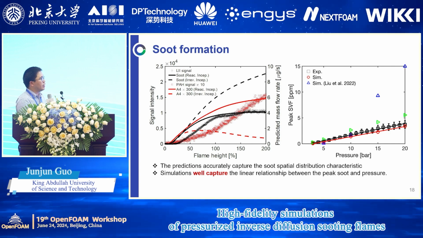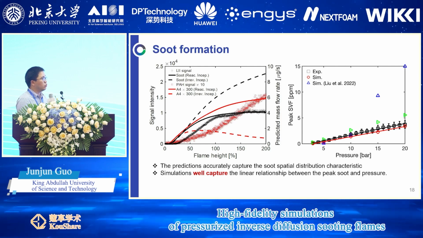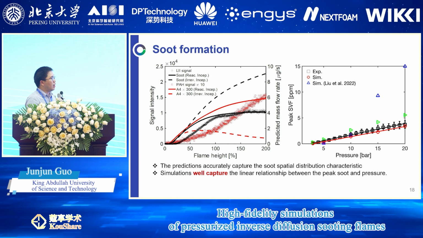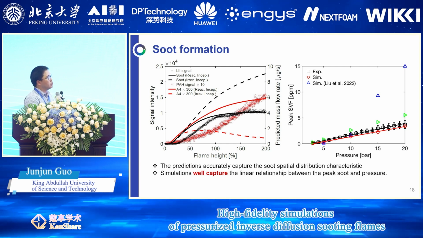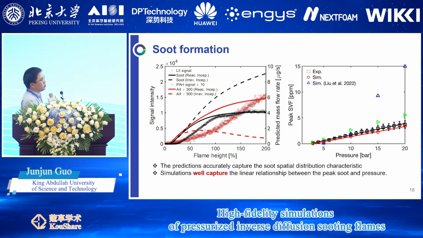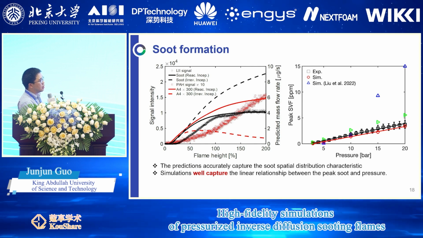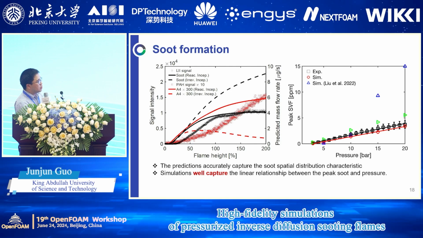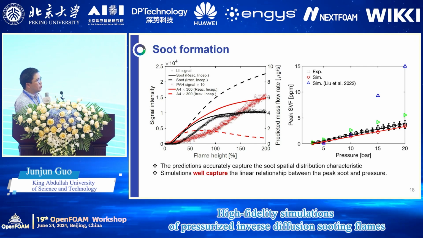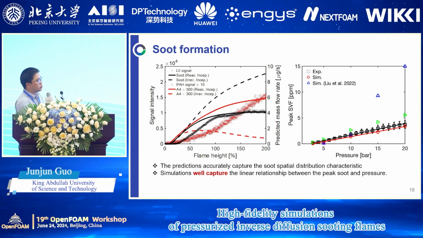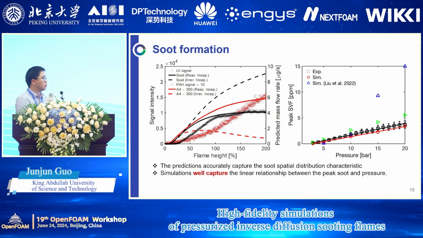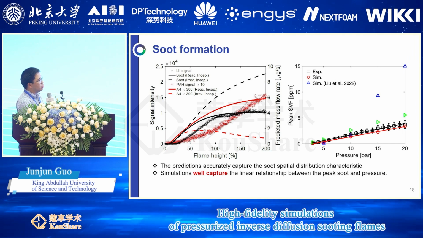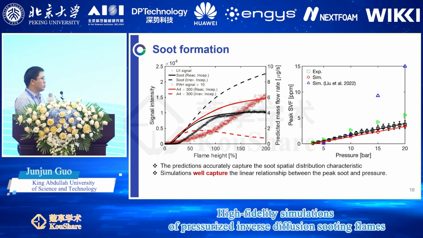So once they have the PAH and the temperature is also favorable for soot creation, that's why you will get high soot volume fraction. You also see in the literature results in the right figure, the blue dots, that they much over-predicted the soot, especially in the high pressure conditions. So here, this linear relationship is also well captured in the simulation.